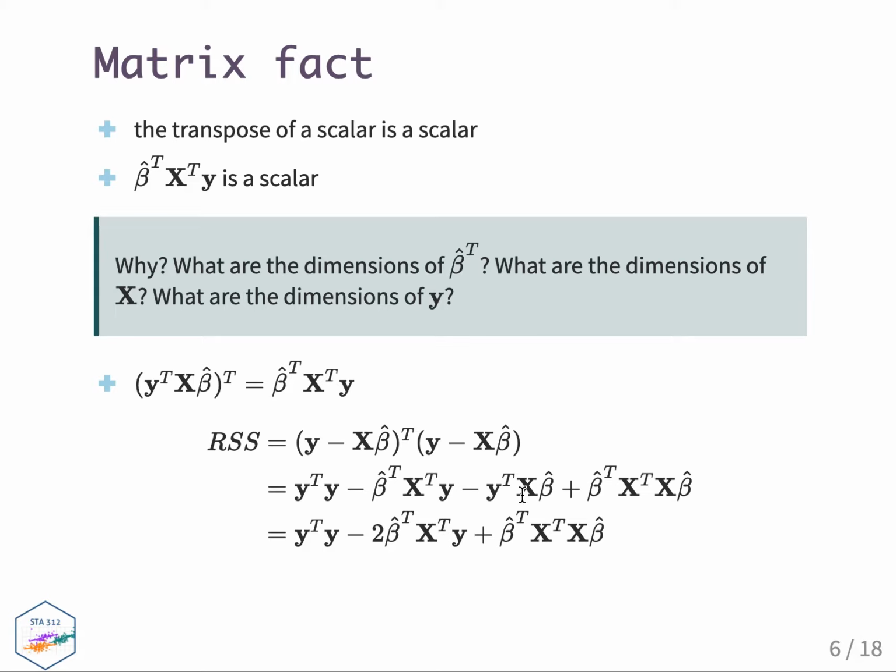If I combine these two terms, I end up with 2 beta transpose x transpose y here. So now I've got 3 terms that I need to deal with in this new foiled formula. All I've done is basically taken this and rearranged it such that it's going to be easier for me to take a derivative.